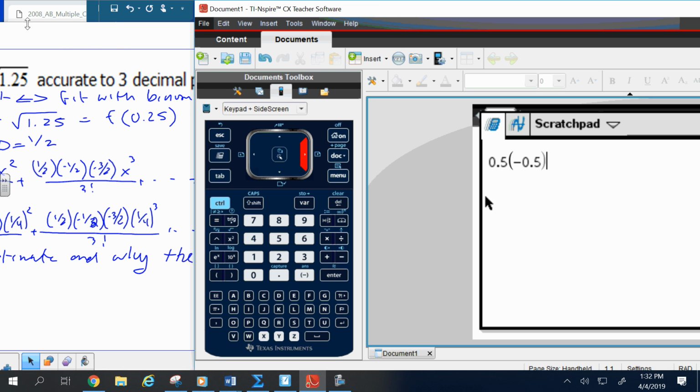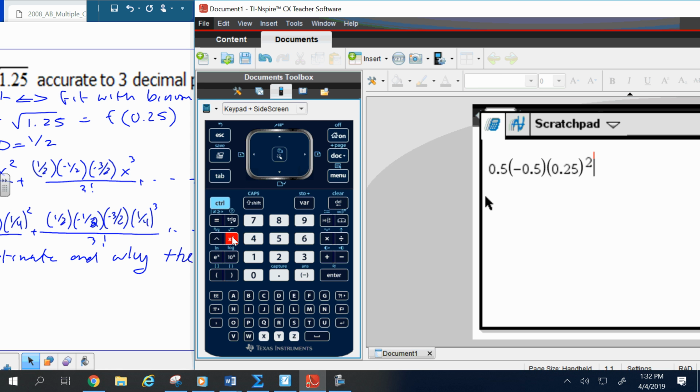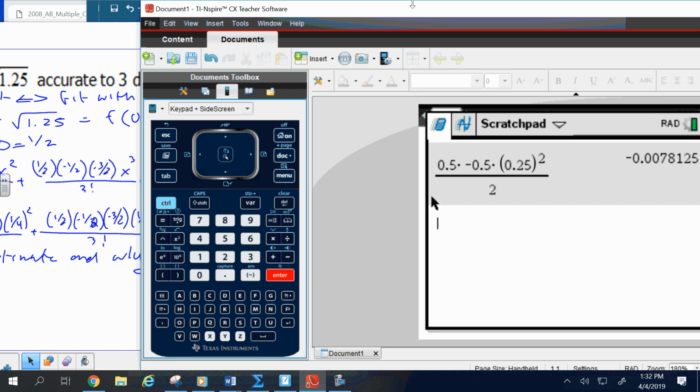The ones with the square, is that what I said to go through? Okay. 0.25 squared divided by 2. Okay. Next. Because you get negative 0.007. Negative 1? Or negative 1 over something? Is that what you did? Oh, you use fractions. Yeah. Okay, cool. Either way, it's fine.